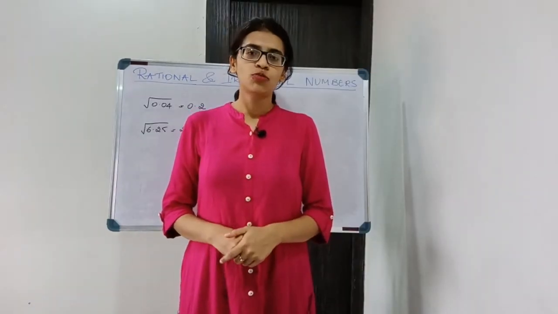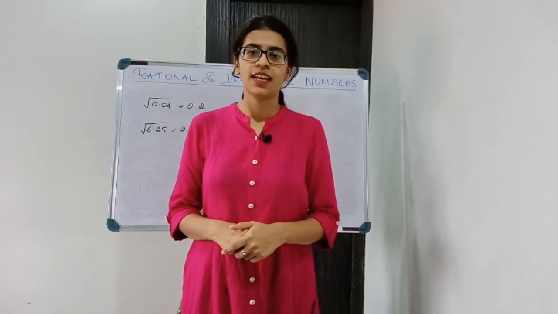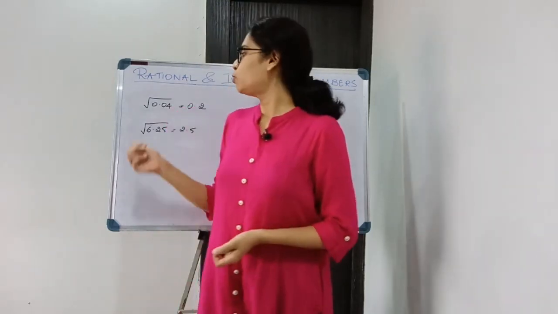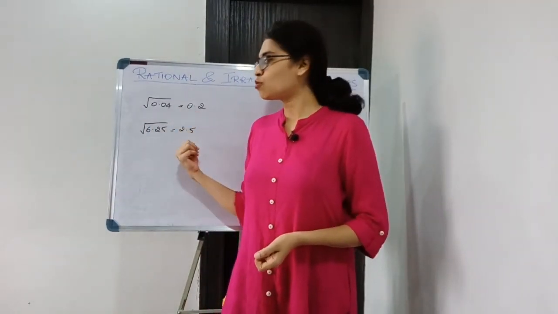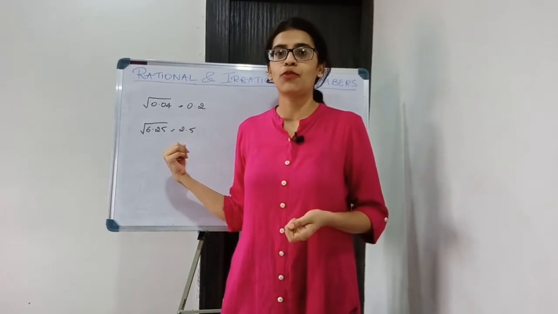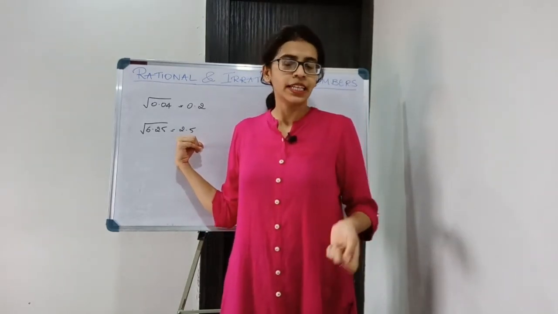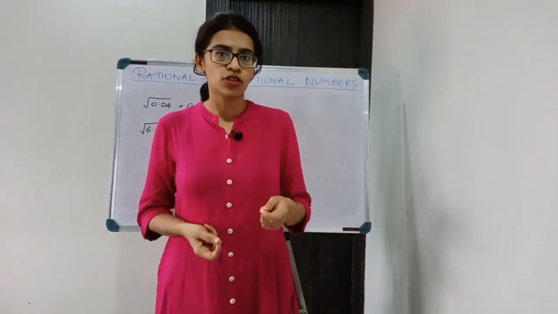Let us consider two more examples to get clear with the concept of rational and irrational numbers. Now I've considered roots of two numbers once again, root of 0.04 and root of 6.25. The answers of these two roots are in decimal form. Okay, but if you observe, these two are terminating decimals. Now, terminating decimals are rational numbers.